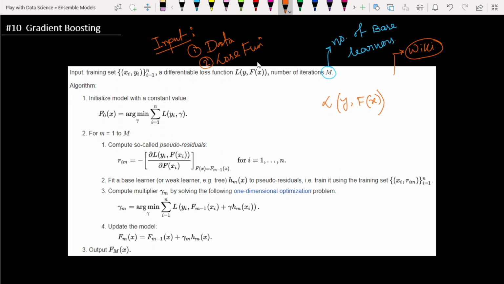We also have to keep in mind that our loss function is obviously a differentiable function. If you remember, for logistic regression we have taken the logistic loss, for linear regression the square loss, and for SVM the hinge loss.